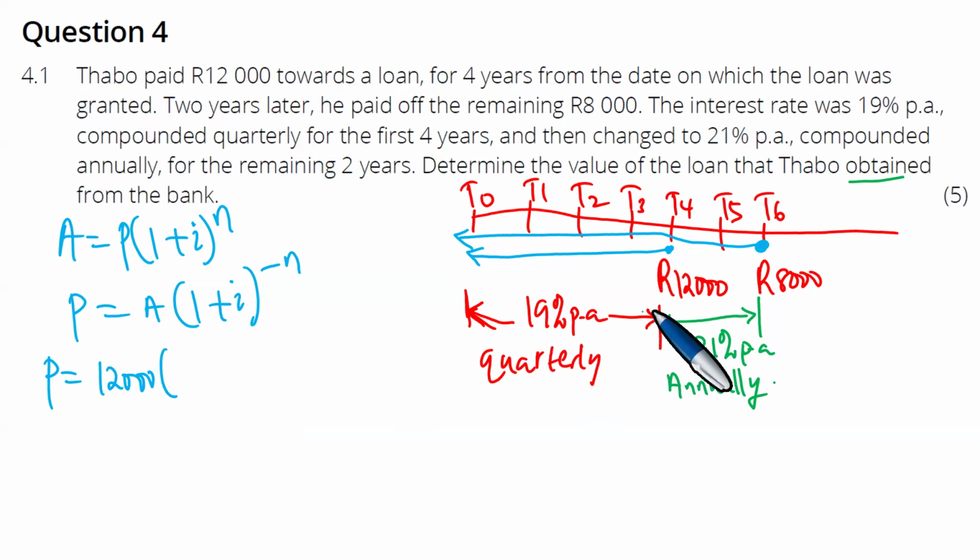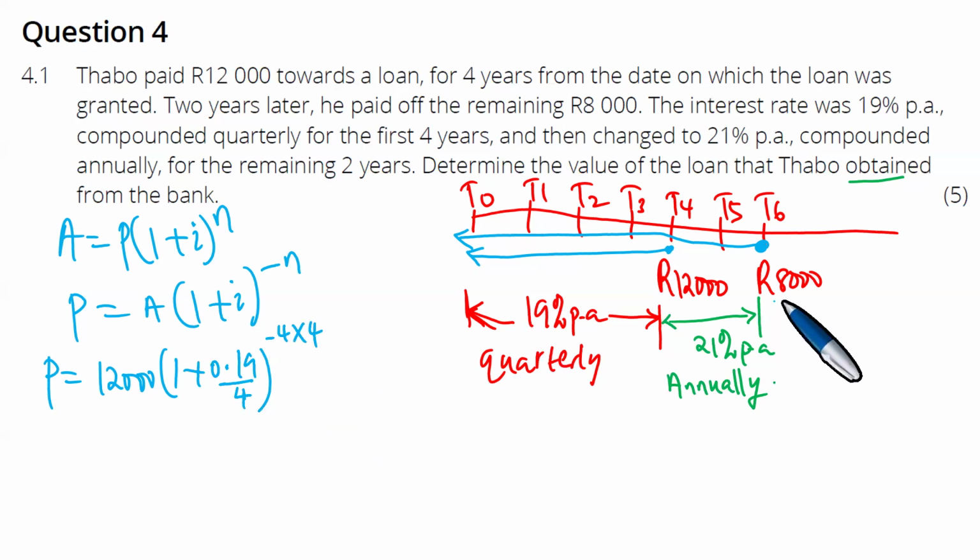And now this 12,000, you're going to take it through the 19% interest rate, which is exactly 1 plus 0.19 divided by 4, because it's quarterly, and it's to the power minus 4 times the number of years, which is exactly 4 years.